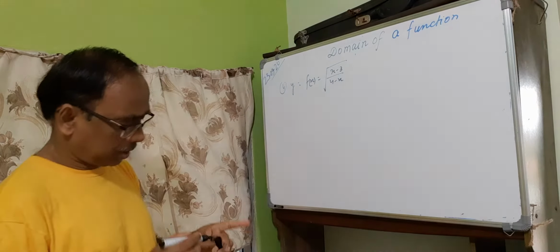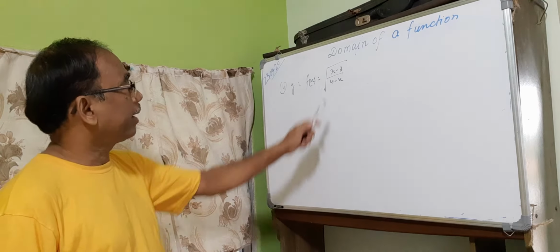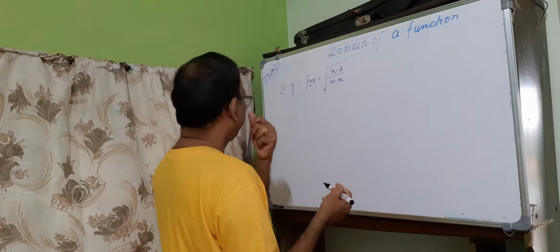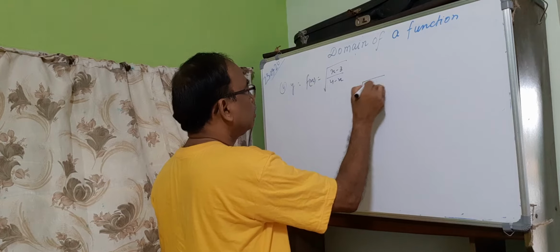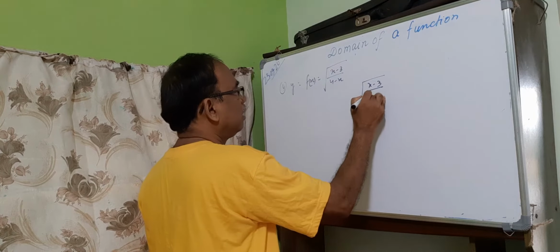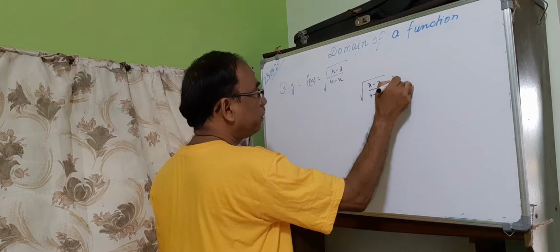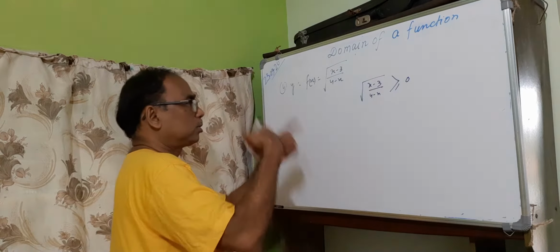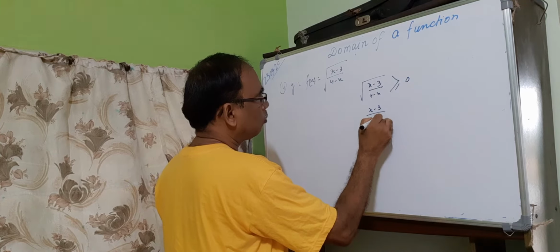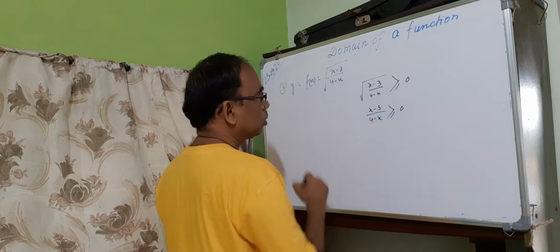In this case, it is the square root of a rational expression. As I told you in my previous rule, this should be taken as a single number. So (x minus 3) by (4 minus x) should be greater than or equal to 0. Then squaring both sides, (x minus 3) over (4 minus x) should be greater than or equal to 0.